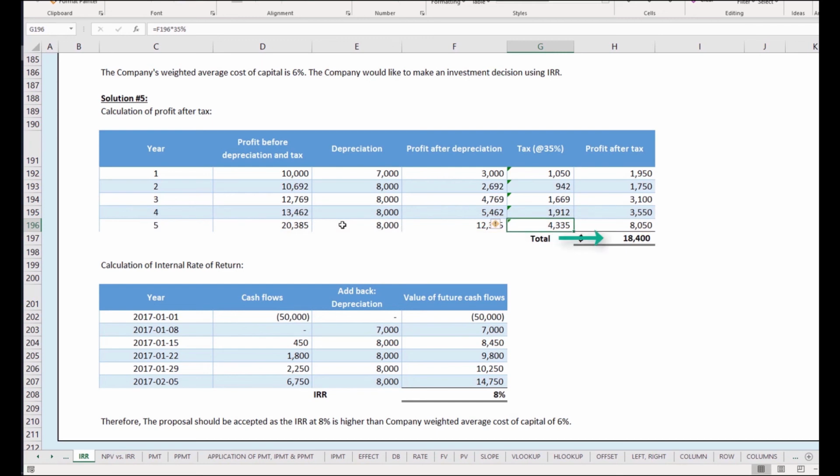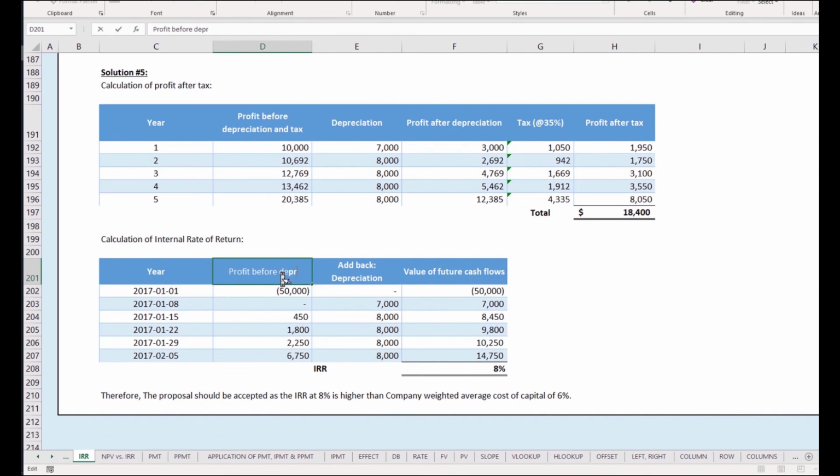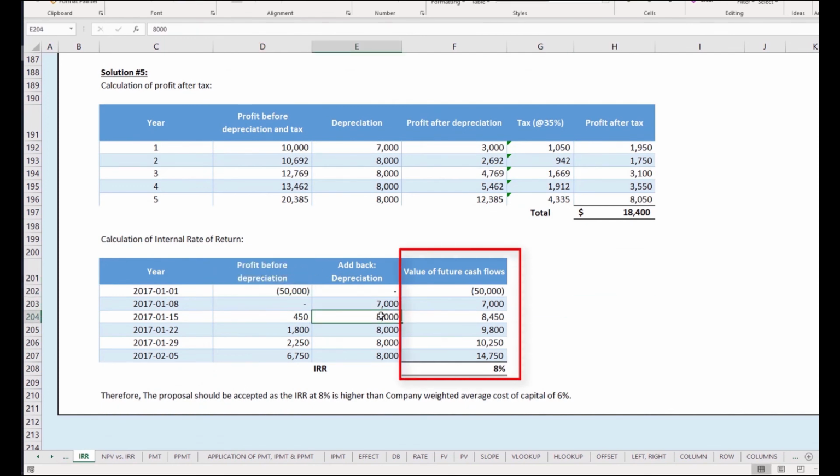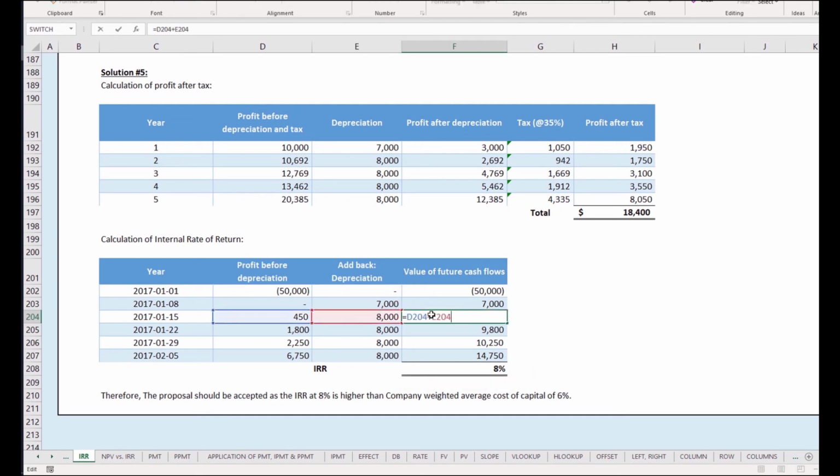And to calculate the IRR, we take the negative $50,000 of cash outflow. We can see that cell F204 is the sum of the profit before depreciation plus the add back of depreciation to bring it to $84.50. The IRR is calculated in cell F208 and it's equal to XIRR open parentheses.